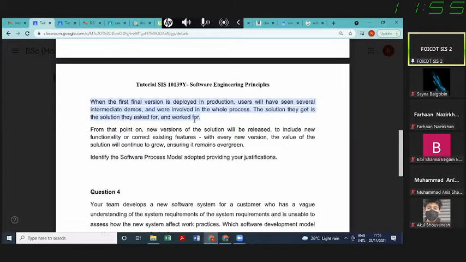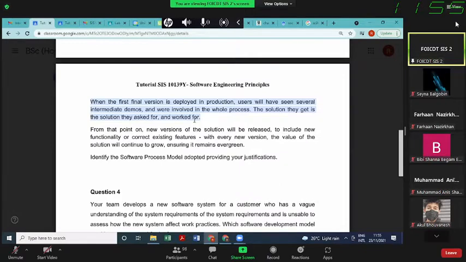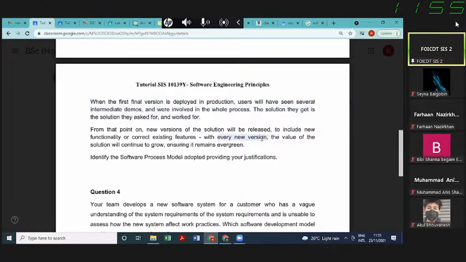The solution they get is the solution they asked for. So this is as per the concept of customer involvement. From that point on, new versions of the solution will be released to include new functionality or correct existing features. With every new version, the value of the solution will continue to grow, ensuring it remains evergreen. Identify the software process model adopted, providing your justification.